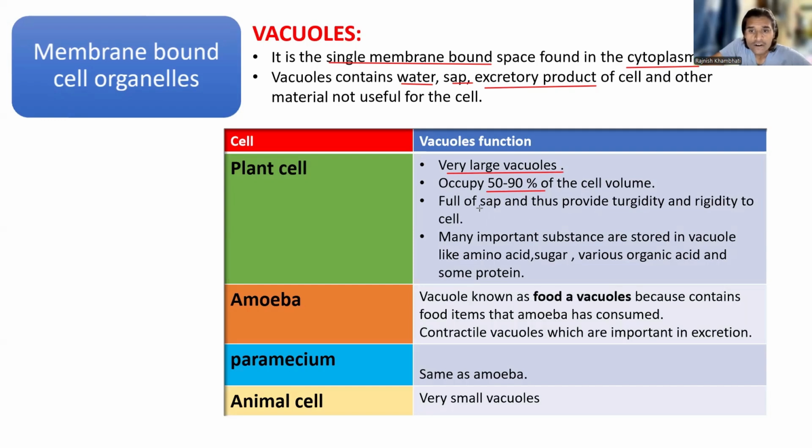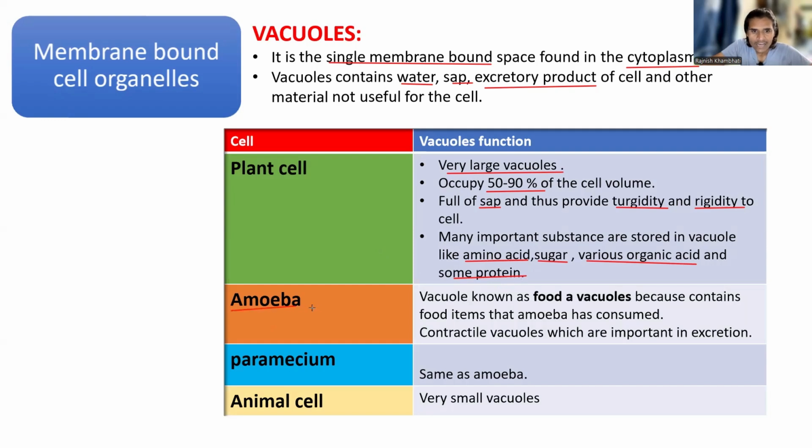They are full of sap, and thus provide turgidity and rigidity to the cell. Many important substances are stored in the vacuole, like amino acids, sugar, various organic acids, and some proteins are also present in the vacuoles of the plant cell.